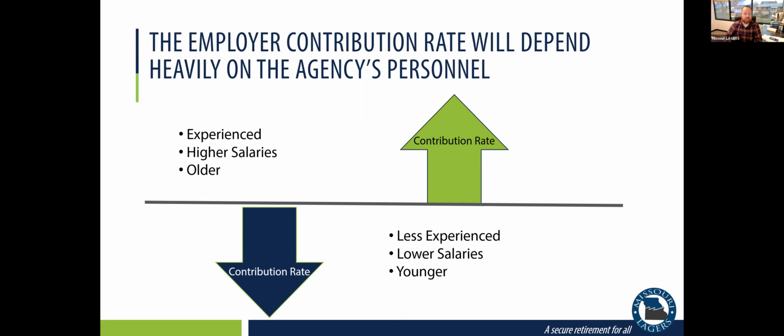So, just to say that if I have experienced, higher salary and older folks, then we're going to have higher wages. And if we retire them all and then hire the younger folks, they're less experienced, then our cost is going to go down. That's not necessarily how it works. But generally, if you have a more experienced workforce, your cost is typically going to be higher than if you have a younger, less experienced workforce and you've had significant turnover over the years, and your workforce continues to stay at a less seniored level.